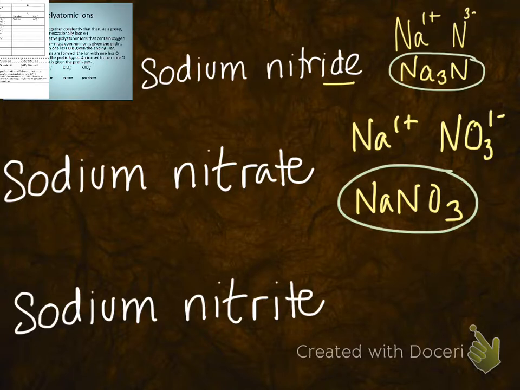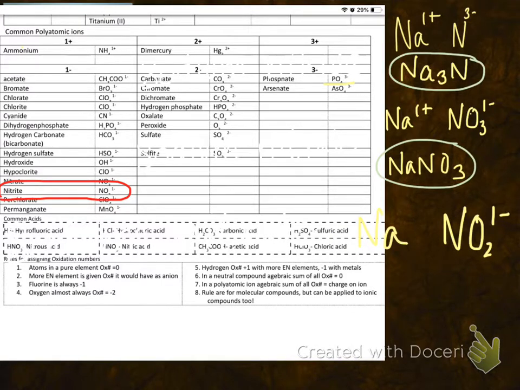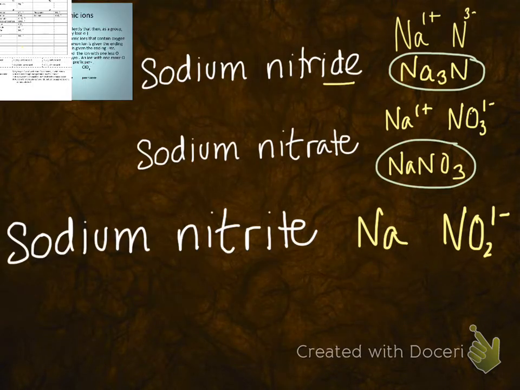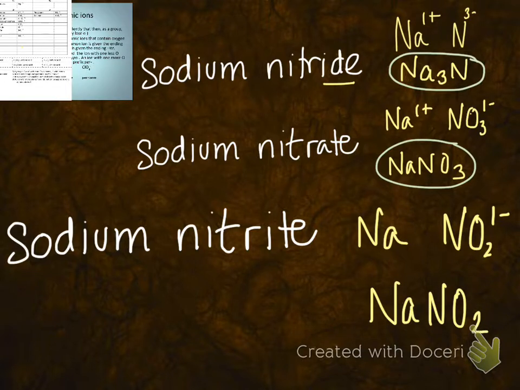Now, sodium nitrite: NO2 1-. Remember, 1 less oxygen than the most common gets the ITE ending. So sodium nitrite is NaNO2. Again, a different compound than either of the other two, and it's going to behave a little bit differently.